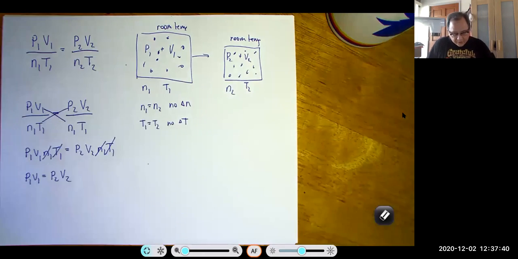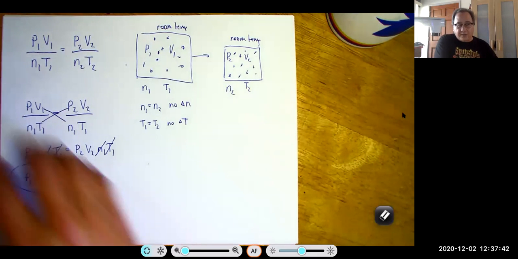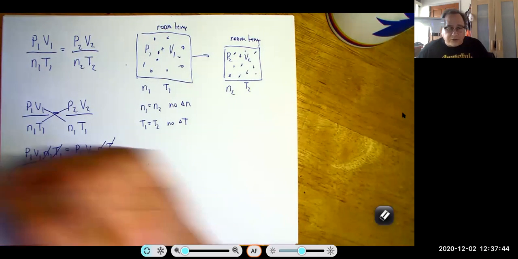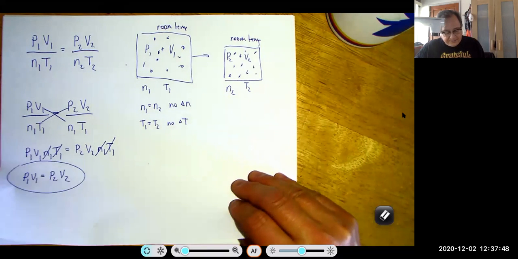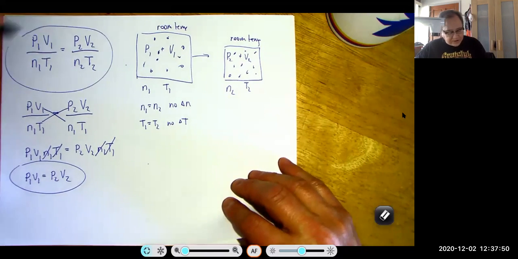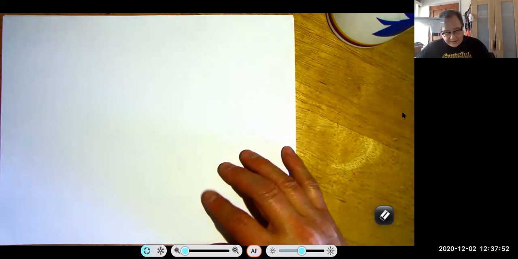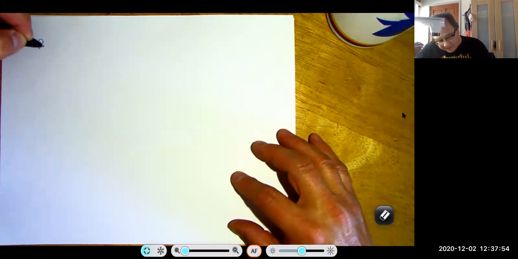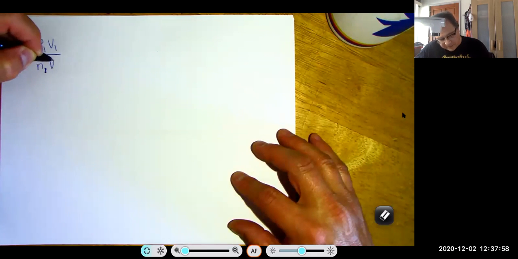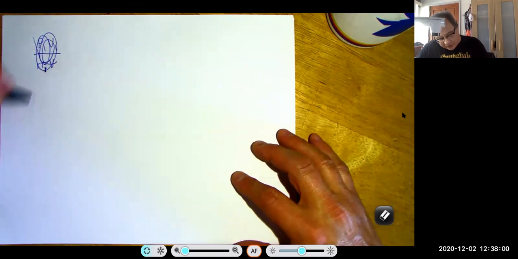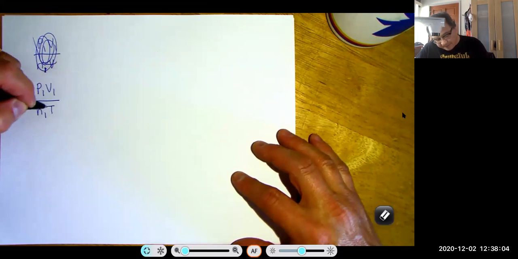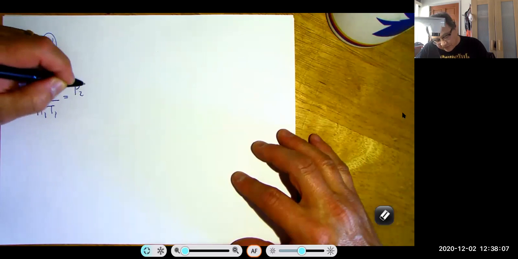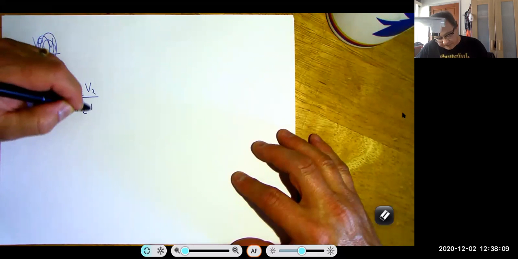So we got the right law to use for a problem simply by knowing that the moles don't change and the temperature doesn't change. So ultimately, how do we use this equation? I'm going to show you how to do it, step by step. I'll write it out. That's no good. Let's try again. P1 V1 over N1 T1 is equal to P2 V2 over N2 T2.